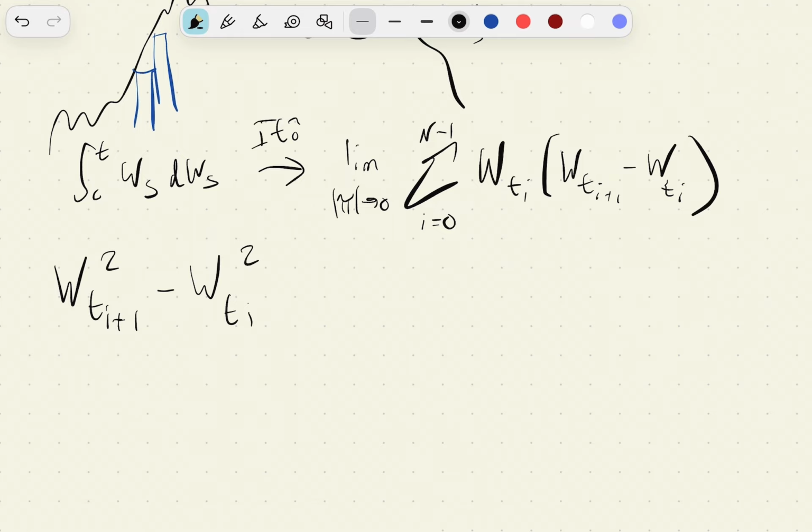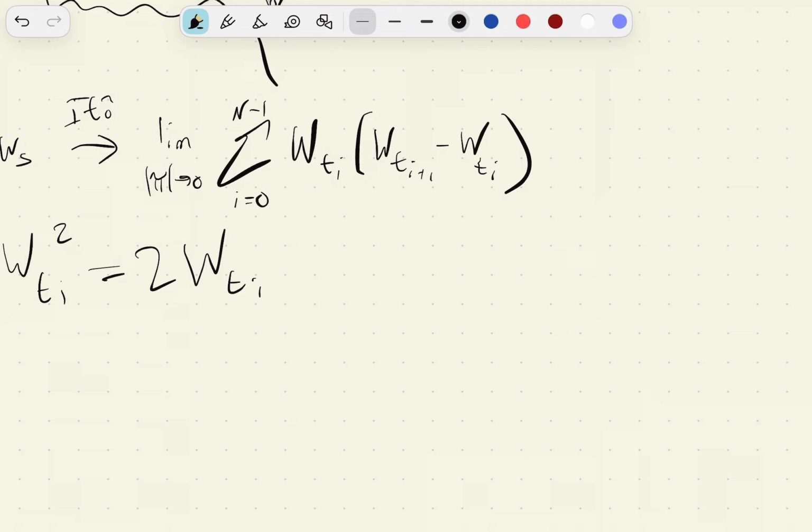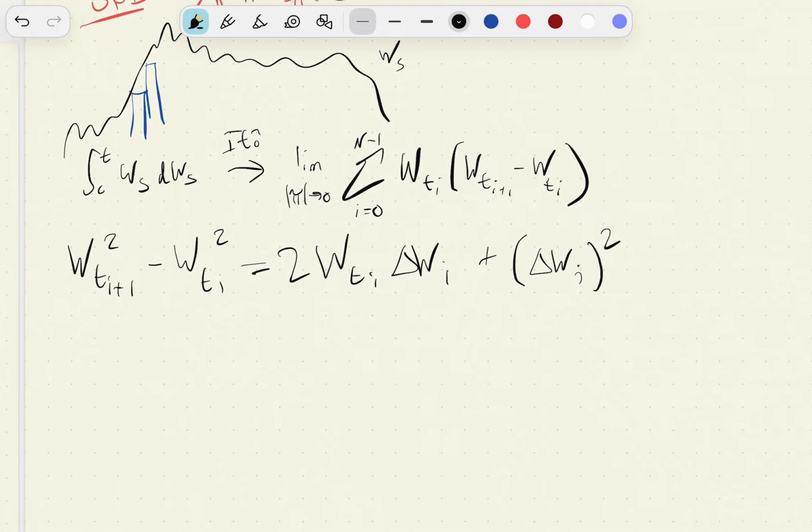It says, well, we can take the idea that if we wanted the square of the Wiener increment minus the increment from the previous part of the process, this would be equivalent to Ti times the variation of the process plus the variation squared at that point.